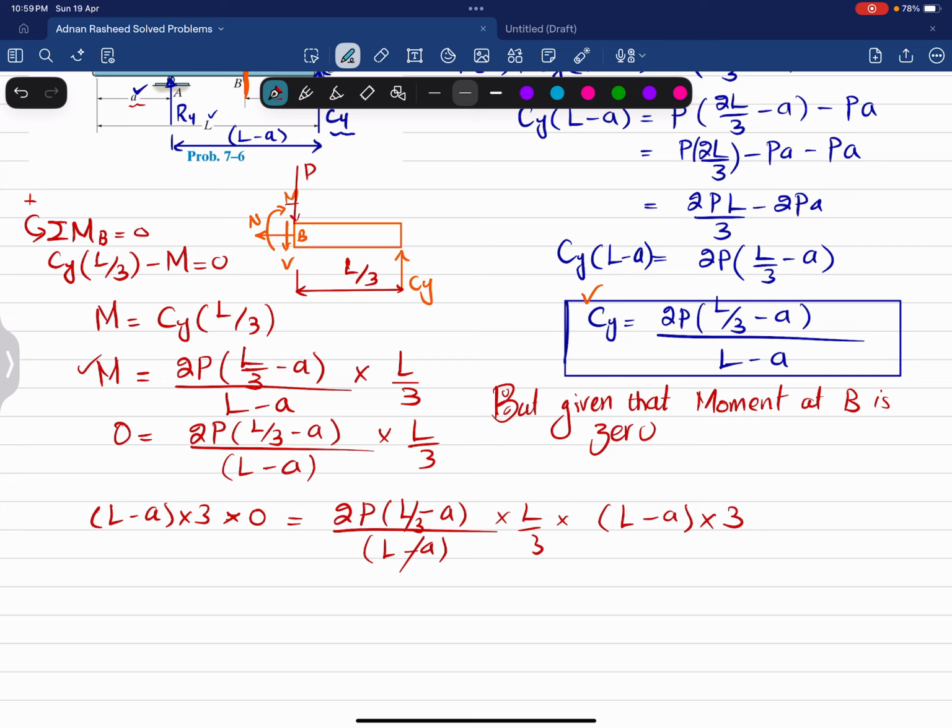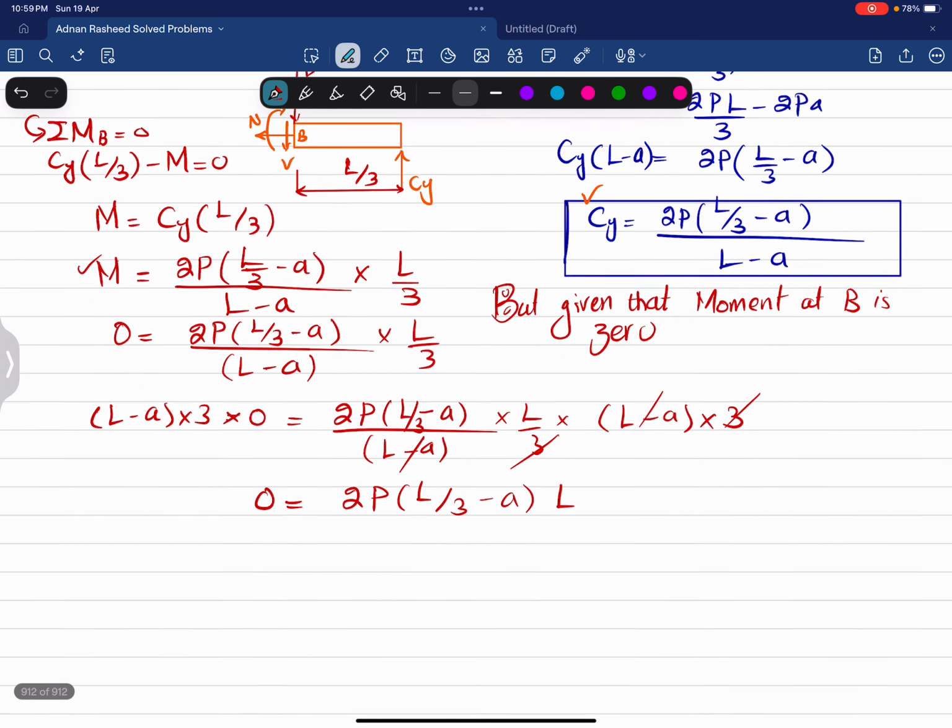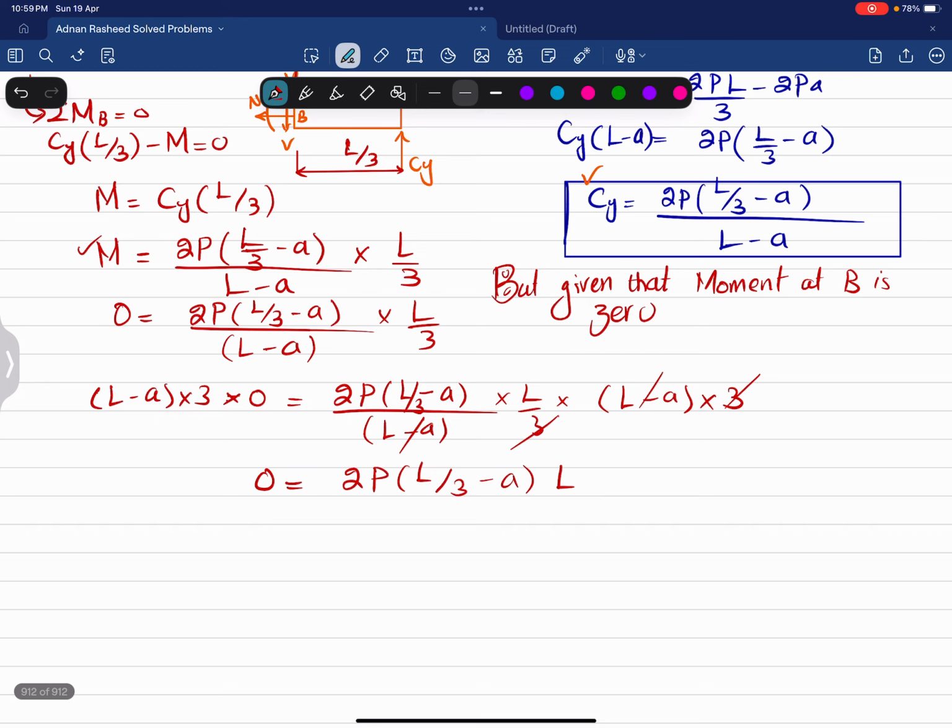So this will cancel with this, and here we will get 0 is equal to 2P into L by 3 minus A into L. Now we will get 2PL into L by 3 minus A is equal to 0.